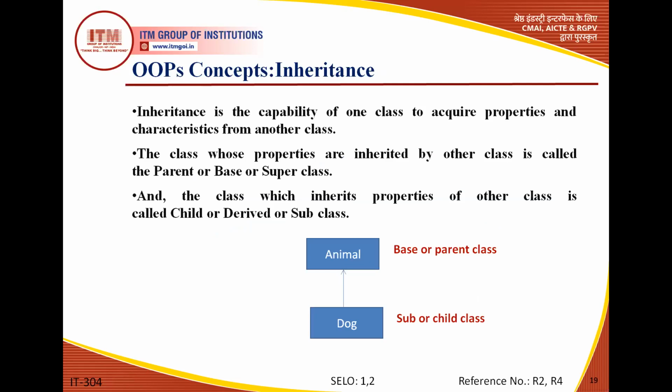The class whose properties are inherited by another class is called the parent class or the base class, and the class which has acquired the properties of the base class is called the subclass or child class. Inheritance basically gives you the facility to reuse the same thing which you have once declared.